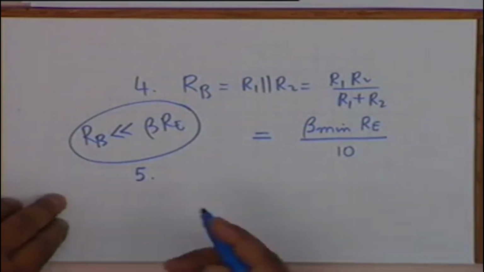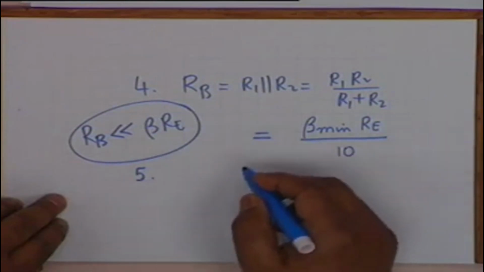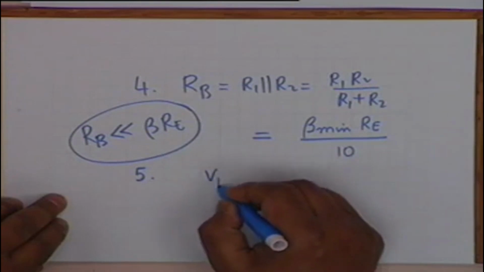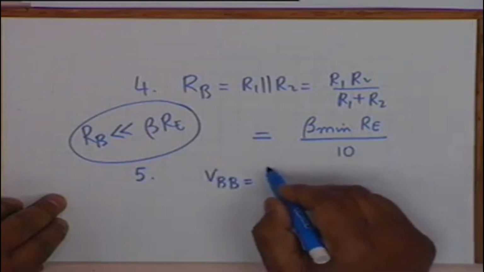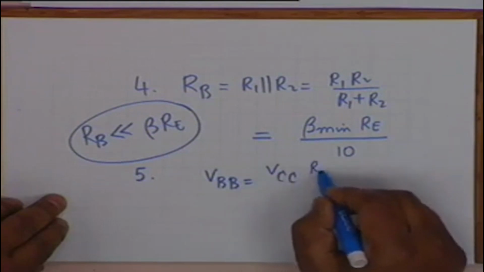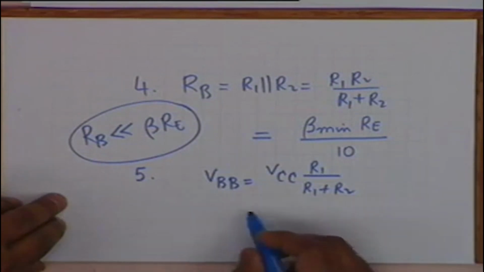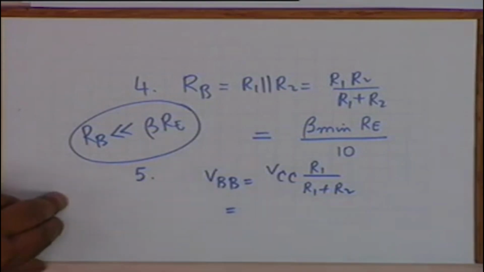And the fifth step is, after you choose this, you know R1, R2. You also know that VBB is equal to VCC R1 divided by R1 plus R2, and this would be equal to, if you recall, the Thevenin equivalent circuit at the base emitter junction.